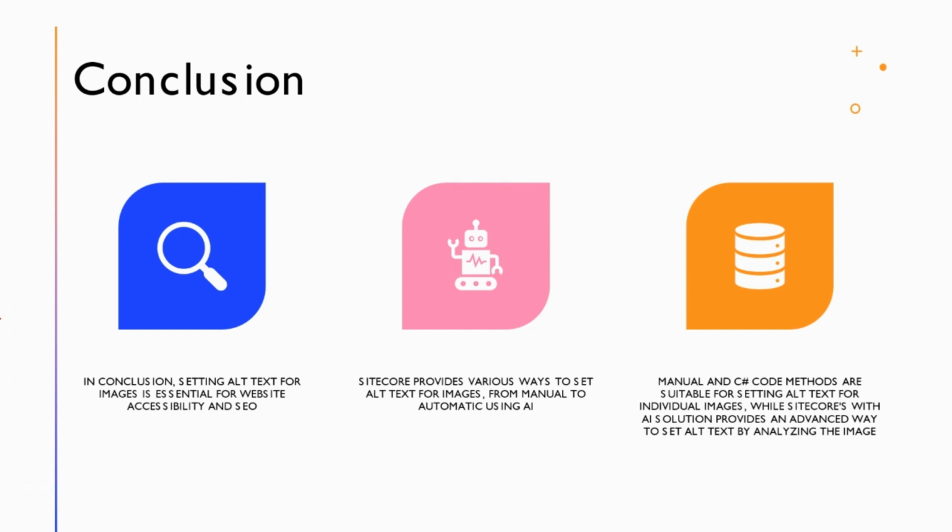The manual and C# code methods are suitable for setting alt text for individual images, while Sitecore with an AI solution provides an advanced way to set alt text by analyzing the image. You can use PowerShell as well, which is suitable for bulk operations. My recommendation is that you should use the Media.AutoSetAlt setting, which is suitable for setting alt text automatically based on the file name.